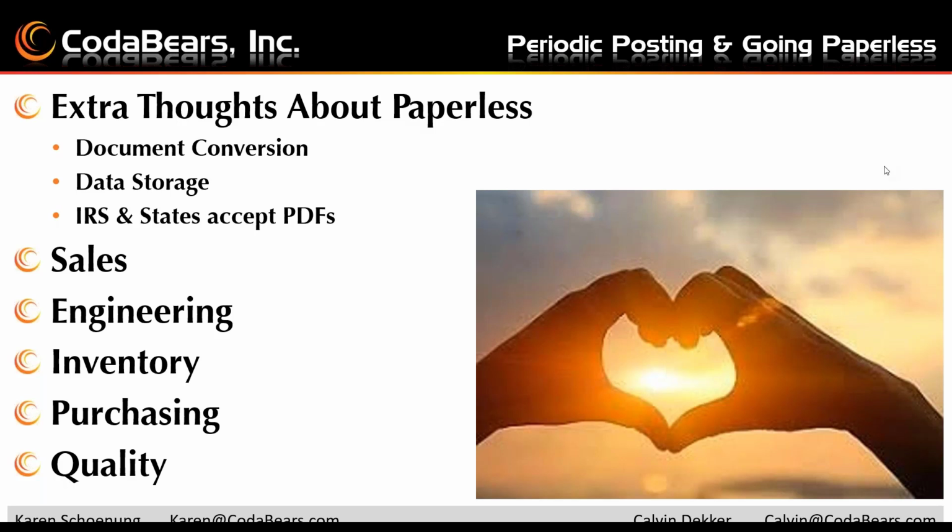So a document management system is also for sales: scanning the purchase orders, scanning the changes to the orders, attaching those to the orders. It's not just attaching the AP invoice or the receiver, but also for sales, engineering blueprints, and inventory, such as scanning the receiver.